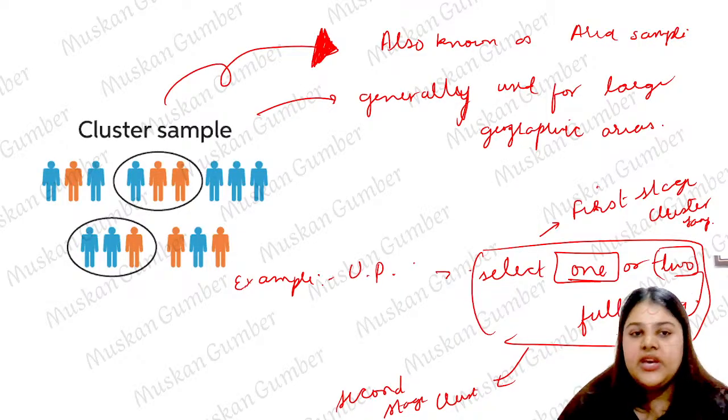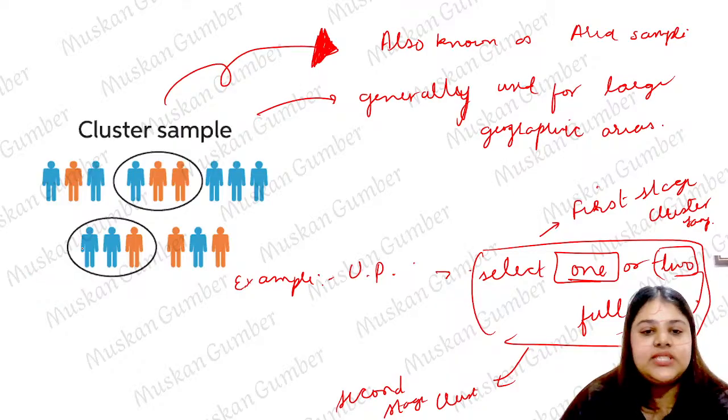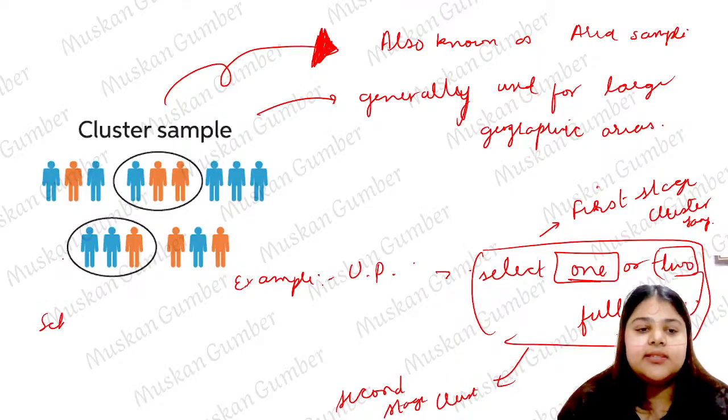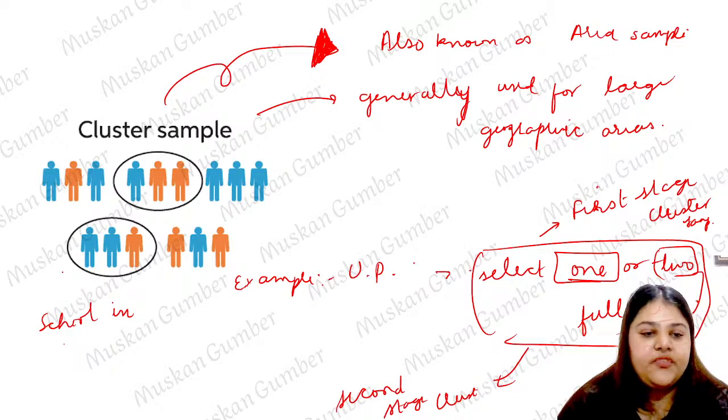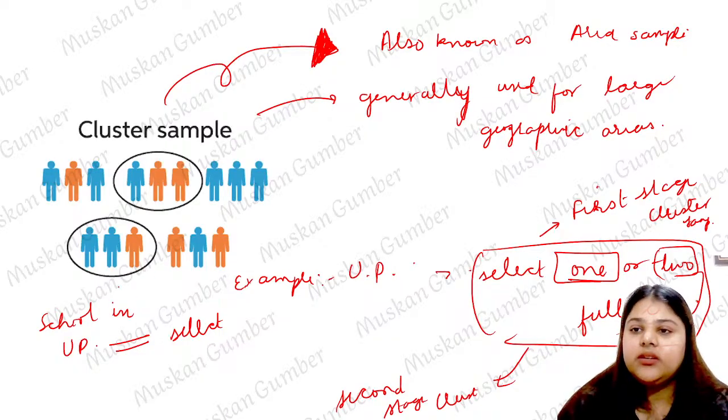Not all of them. So for example, I want to study all the schools in Uttar Pradesh. Maybe I will select the sample from one particular school from UP, which tells me about the school students there.